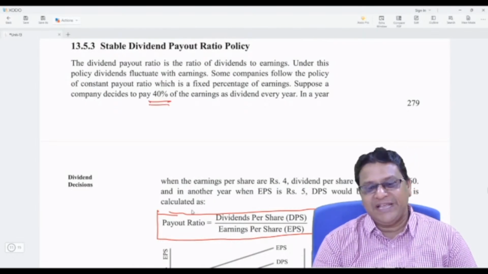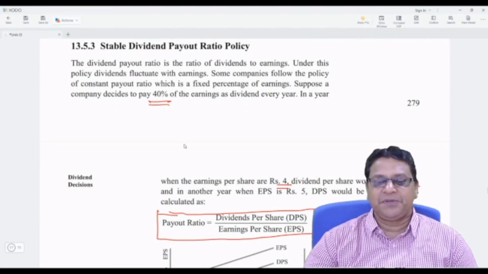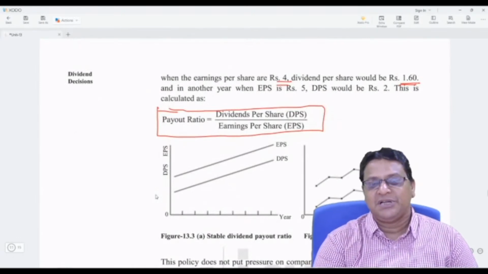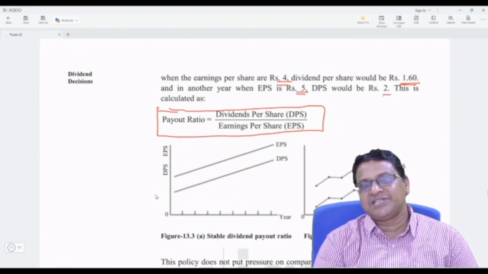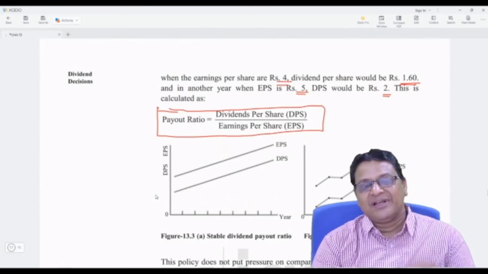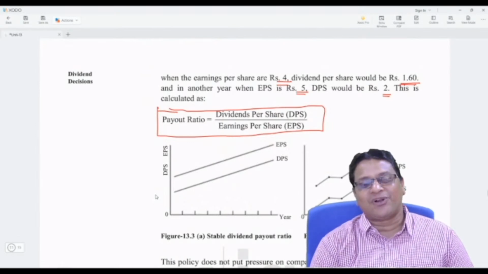If your earning is 4 rupees, you will pay a dividend of 1 rupee 60 paisa. If your earning is 5 rupees, you will pay a dividend of 40%, that is equal to 2 rupees. Your payout ratio year after year remains constant, but the dividend amount changes as earning changes.